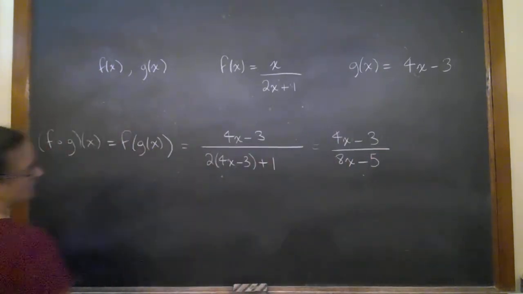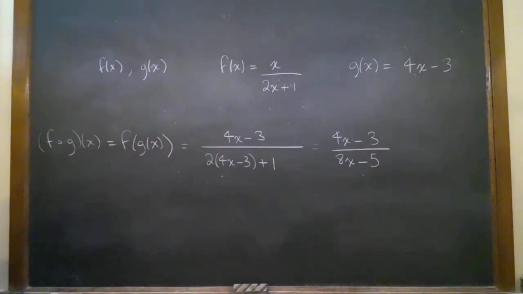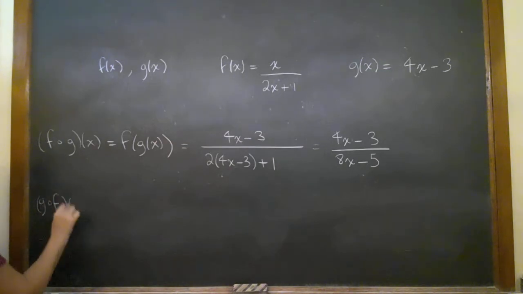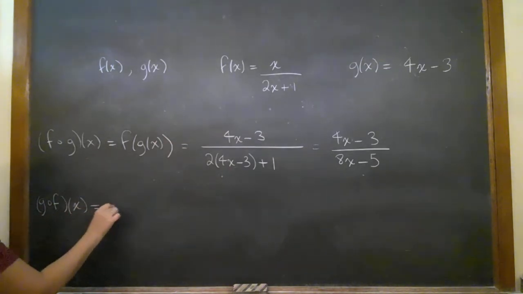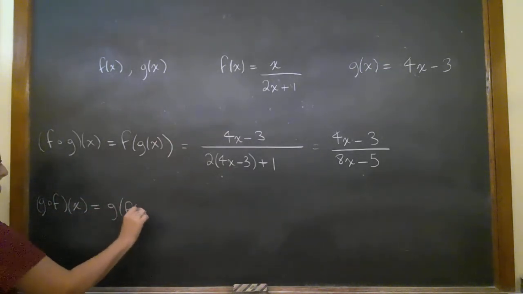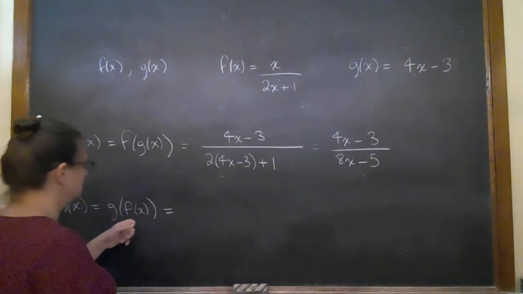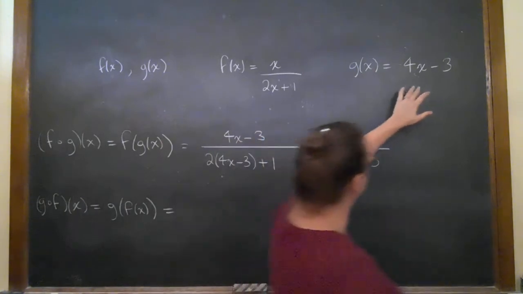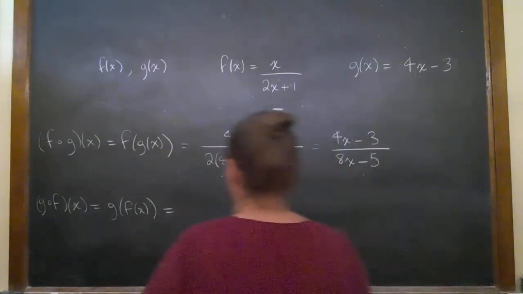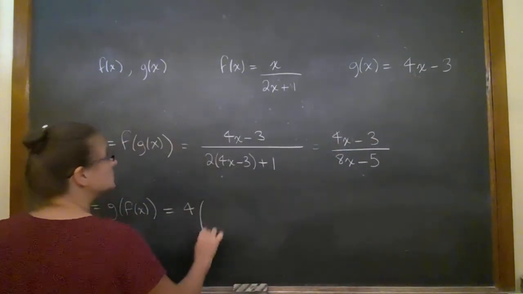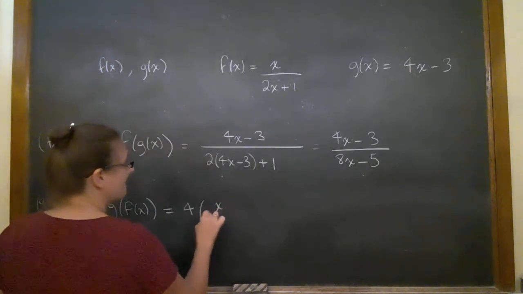So I have a new function. If I do g circle f, g of f of x, what I'm going to do is stick an f of x in for every x in g. Well, there's only the one, right? So I need to stick in this whole expression in there.